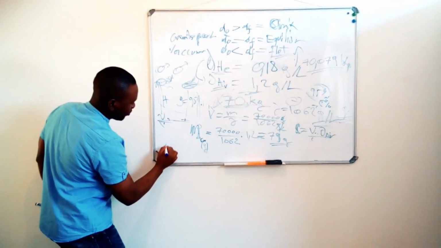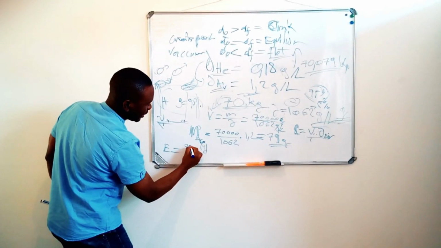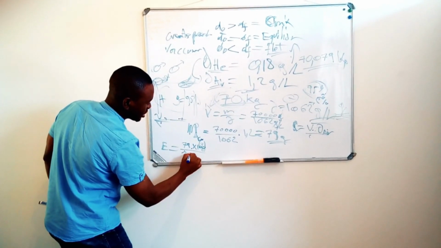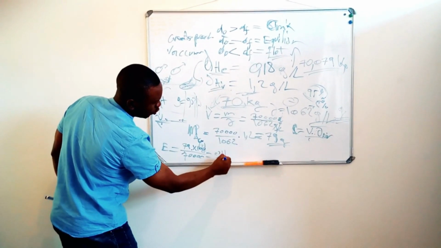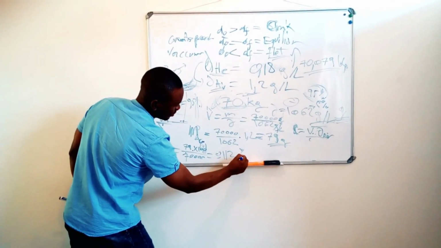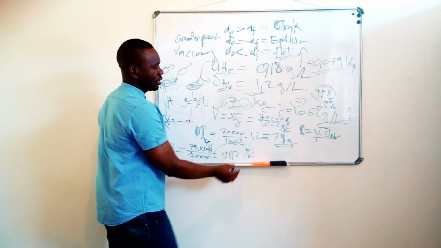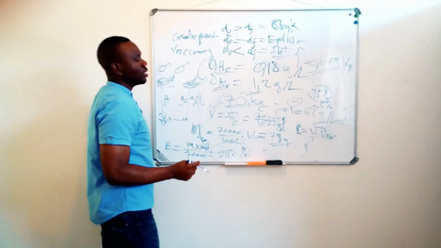So here, in terms of percentage, I'll get 79 multiplied by 100 divided by 70,000. Then I'm getting 0.112%, which in return is lower than, what can I say?